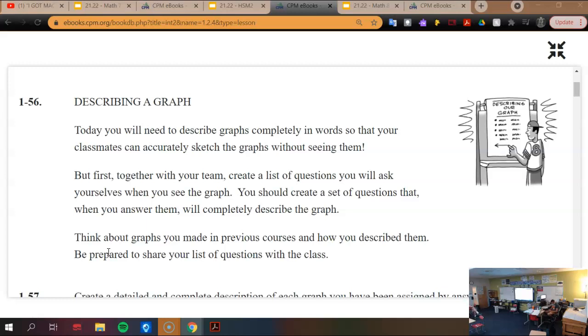Every point in there is the x-intercept. Wait, what? Horizontal line?